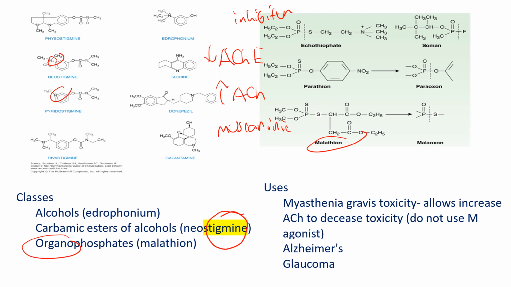Probably the most common you're going to see is physostigmine, the most commonly used today. You might also see something like donepezil, used for treatment of Alzheimer's. We've alluded to that. Oh, and it's right there too. Perfect. Uses for these are kind of niche, but myasthenia gravis, toxicity of that was in a few of your slides, so I might expect to see that on the exam. Glaucoma we talked about back in the eye video, and then Alzheimer's, as I just mentioned.